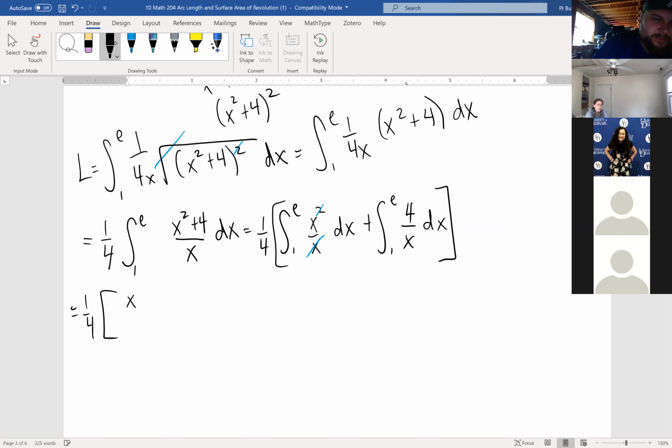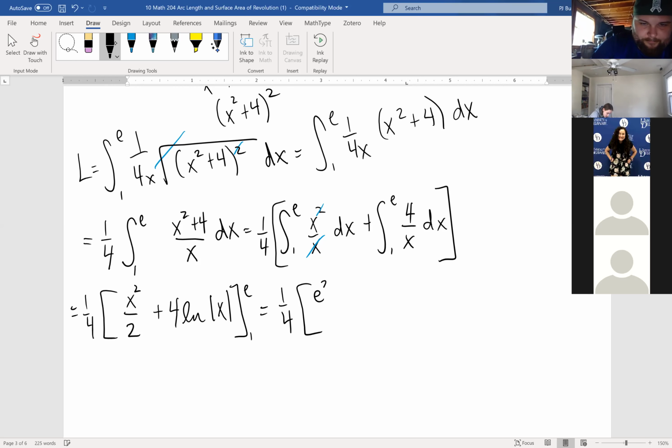And we should know that that's x squared over 2 when integrated. And the second one is the integral of dx over x, which hopefully you recognize as natural log. And then I'm just going to plug in.